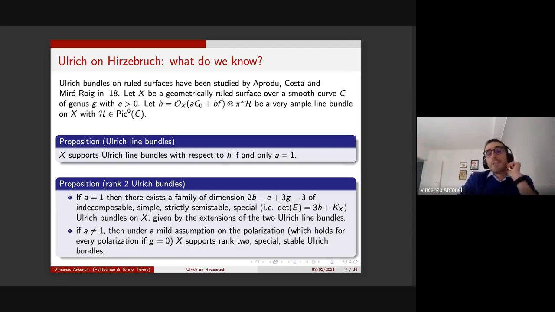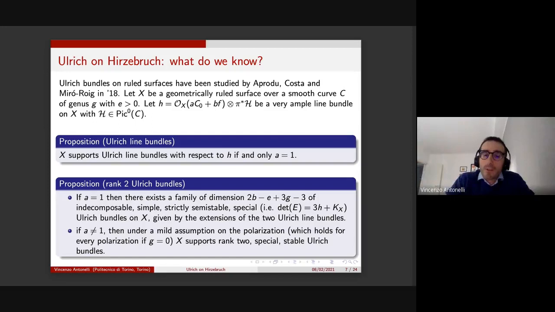So as you can see, we have some existence results, and also the answer to the minimal rank is settled, because in one case you have Ulrich line bundles, in the other case you have rank 2 Ulrich bundles. But we have some restrictions here. The first restriction is that we are considering Ulrich bundles with only one possible first Chern class.